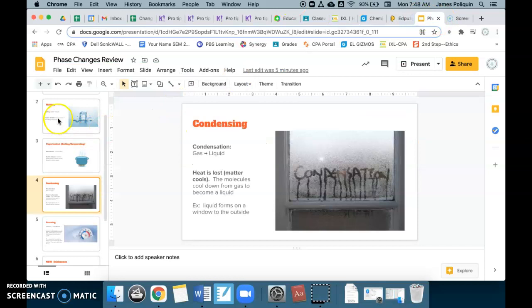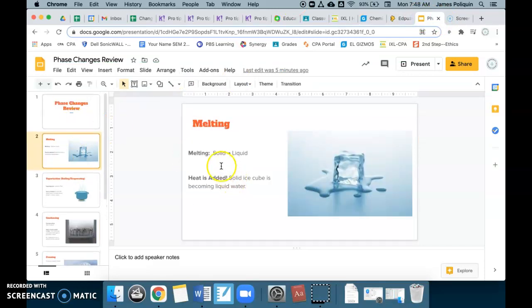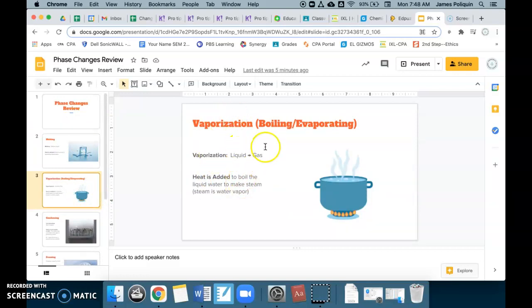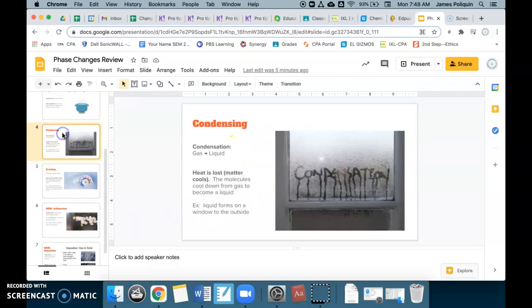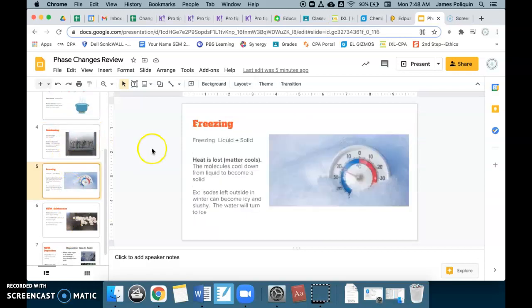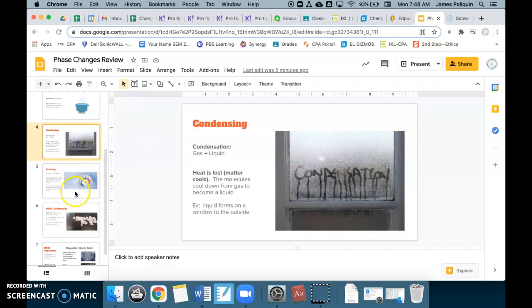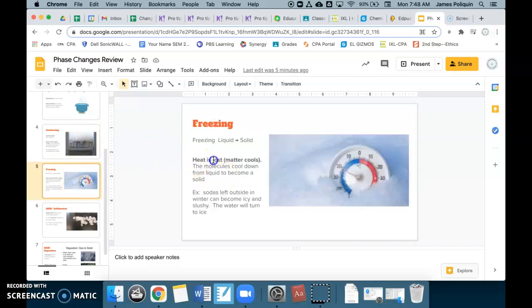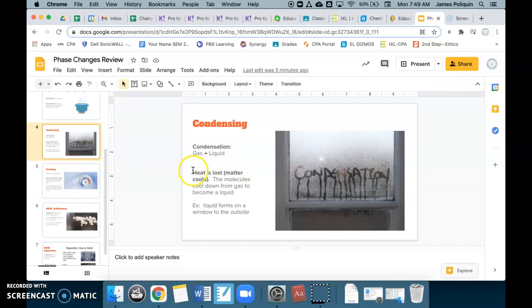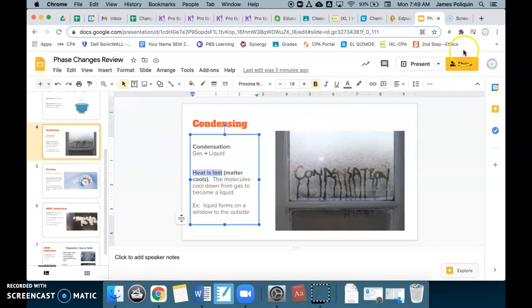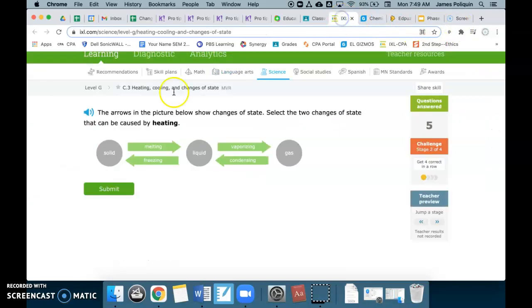So when we check here, we have to remember melting, heat is added, vaporization, boiling or evaporating, heat is added. Condensing and freezing are both where heat is lost or the matter is cooling. See, we can see heat is lost here, heat is lost here. The matter is cooling. So we know melting and vaporizing are caused by heating.